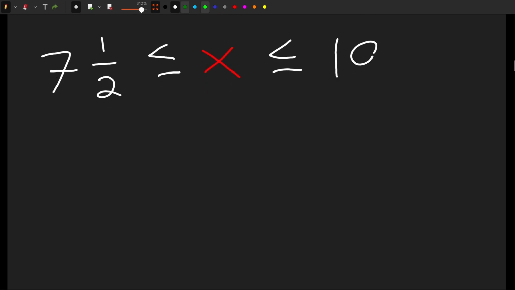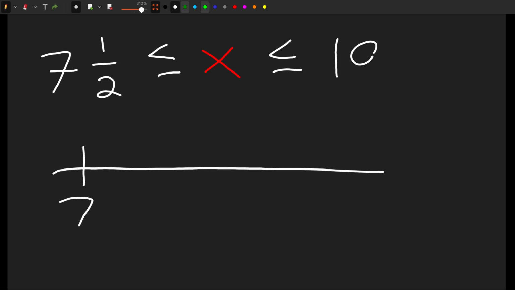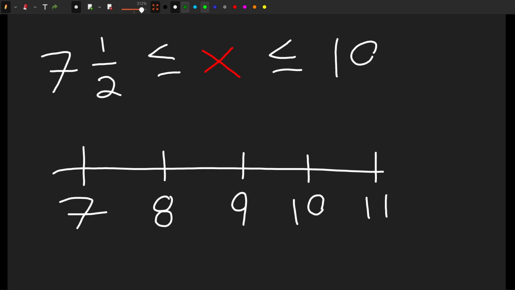And so that is the inequality notation. We're going to do the number line notation now. So I'm going to have 7, 8, 9, 10, and 11. Now in this case, I have 2 specific numbers I'm going to be looking at, which will be 7.5, which will be right here, and then I'm going to be looking at 10.